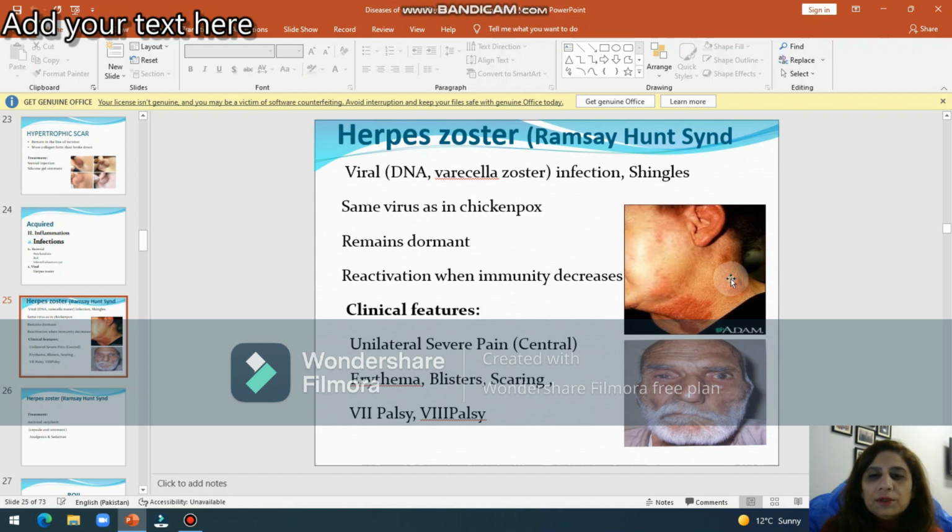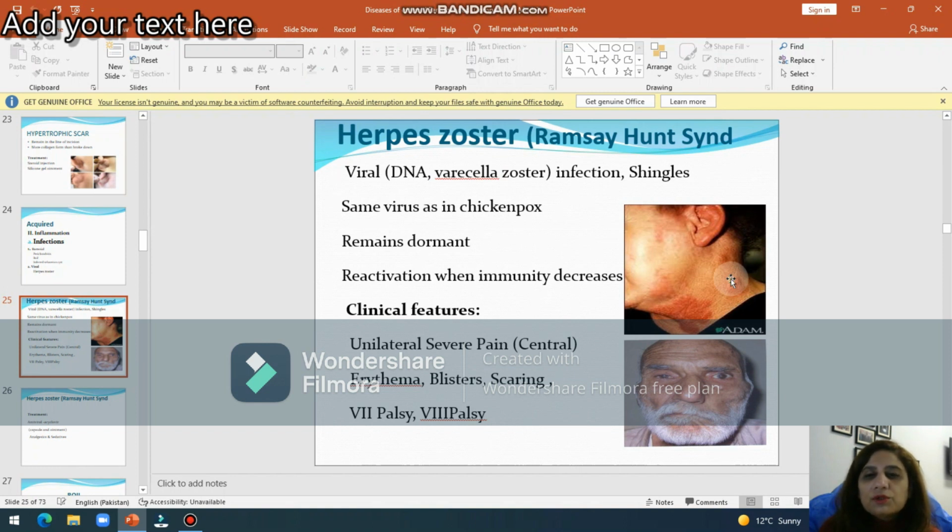These are the different stages of the disease, and this disease can cause paralysis of the seventh cranial nerve and the eighth cranial nerve. So the patient can present with facial nerve paralysis along with erythema and blisters on one side of the face, usually on the pinna and around the external auditory meatus.